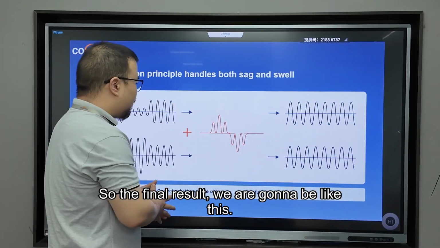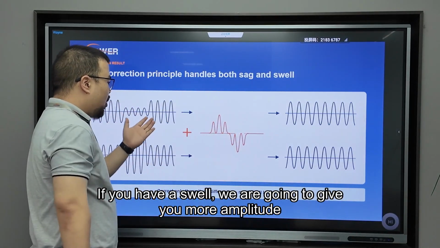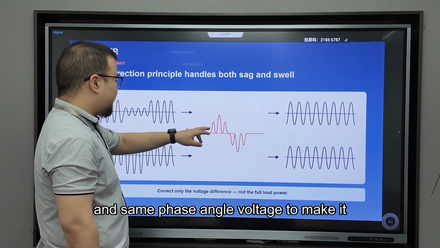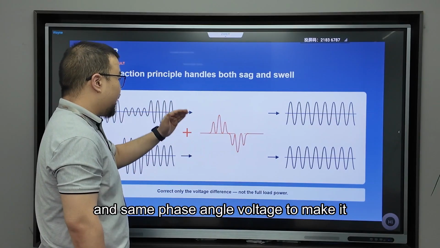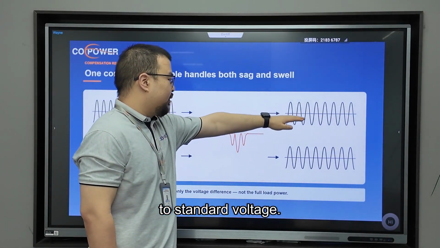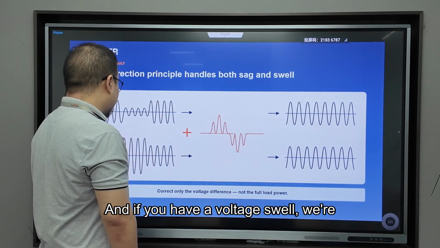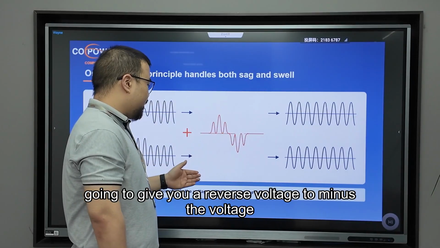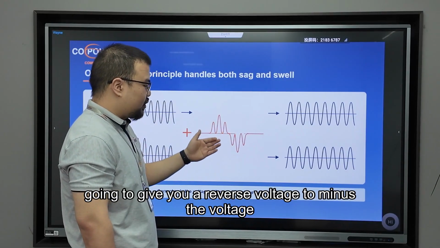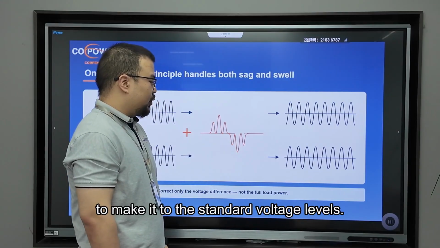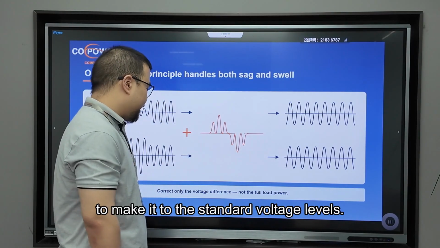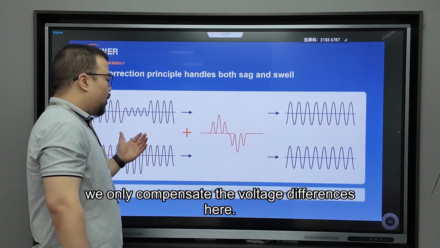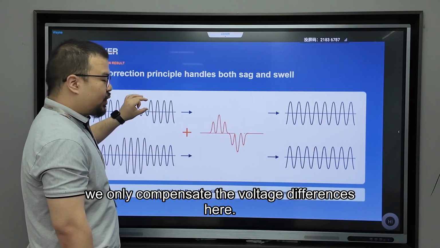So the final result will be like this. If you have a sag, we give you more amplitude at the same phase angle to bring it to the standard voltage. And if you have a voltage swell, we give you a reverse voltage to subtract from the voltage to bring it to the standard voltage level. So through the introduction, we can see we only compensate the voltage differences.